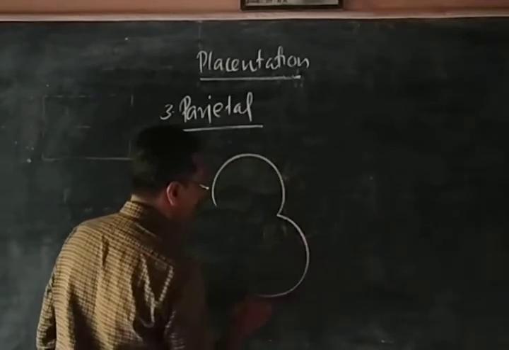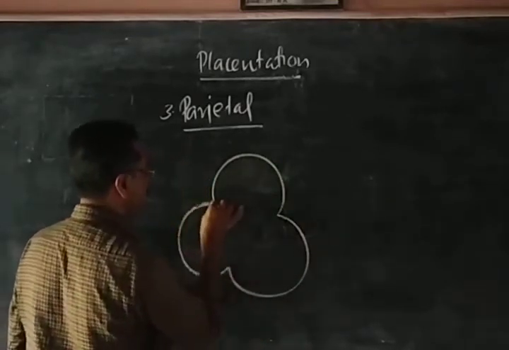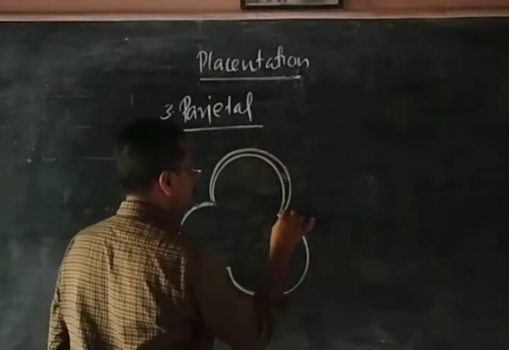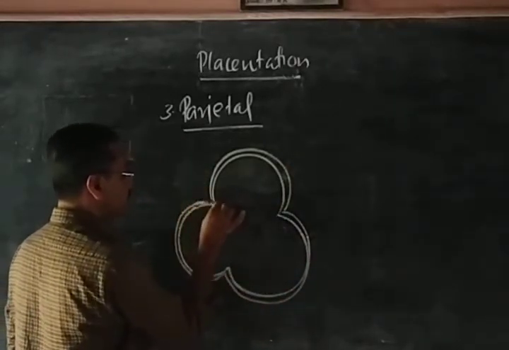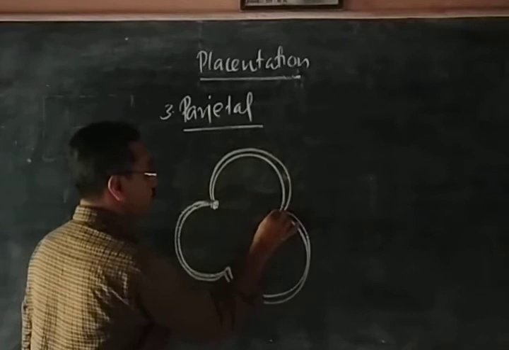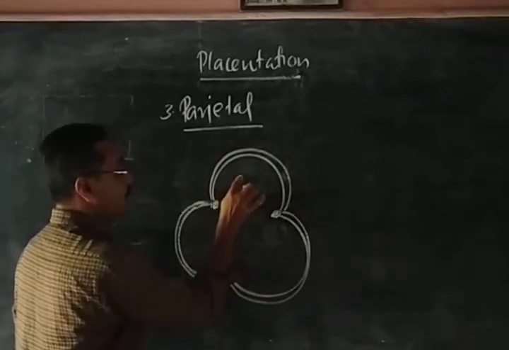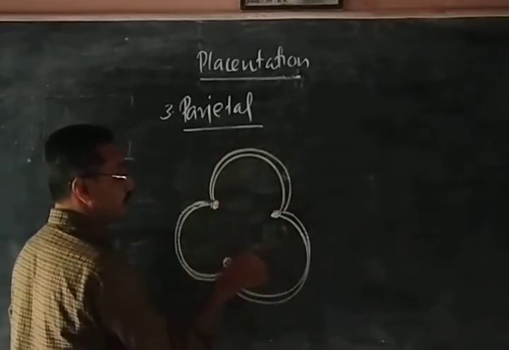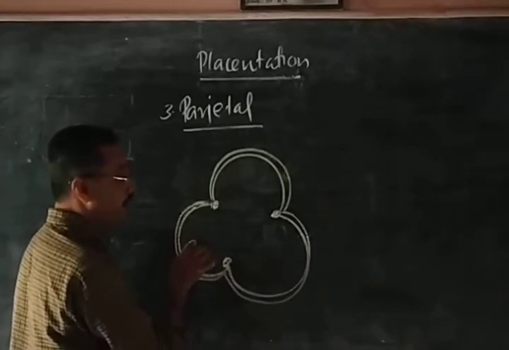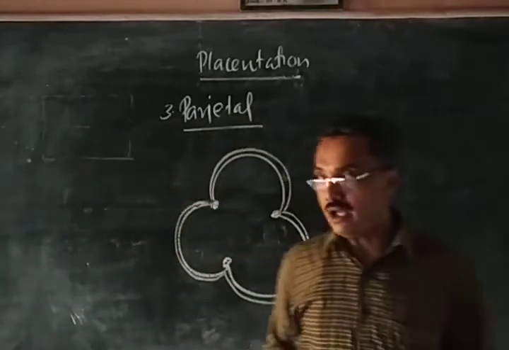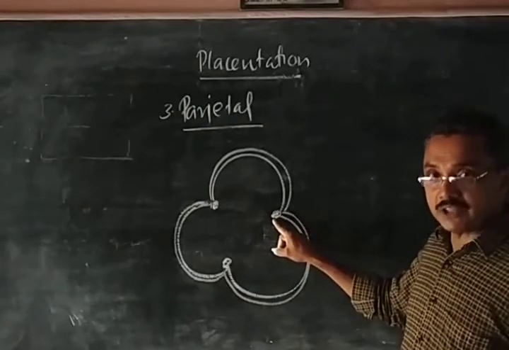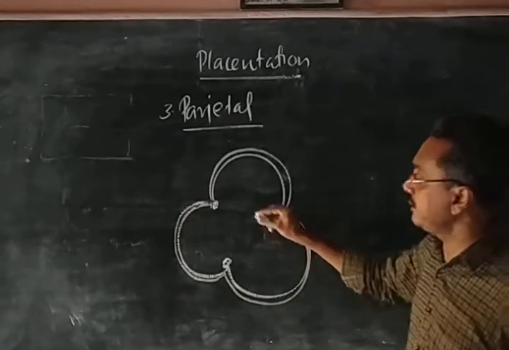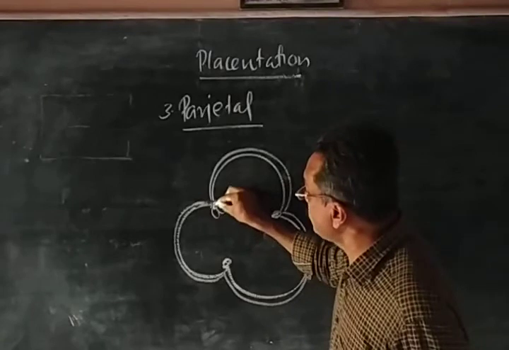This is the cross section of the ovary, and you see the placenta is present here. One carpel, two carpel, three carpel. Here the ovary is present. The placenta is present on the margin of the ovary where carpels join. You can see ovules here.